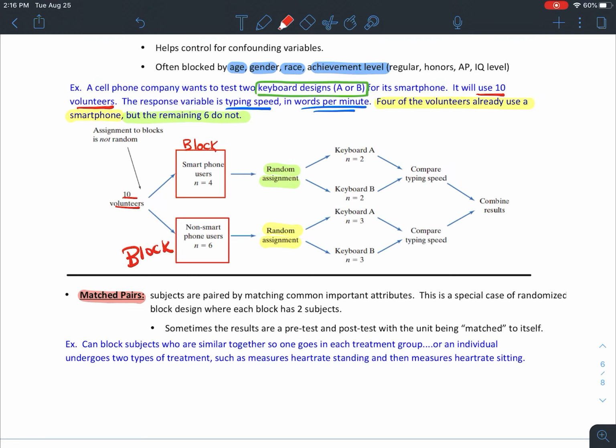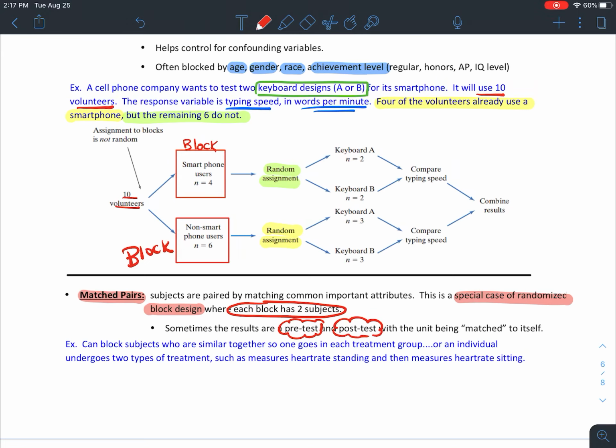Either the subjects are paired by matching a common important attribute that they have, or there is a special case for a randomized block design, where each block has 2 subjects in it, okay? Sometimes with a matched pairs design, one person can undergo both treatments, and you're just comparing the results against yourself.